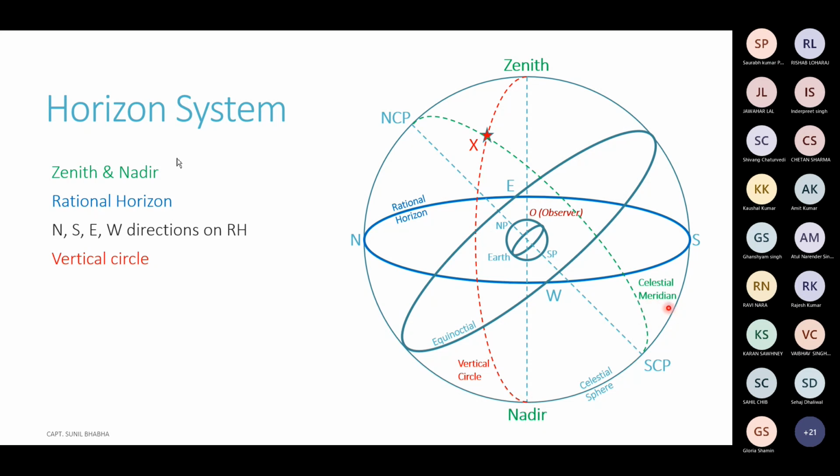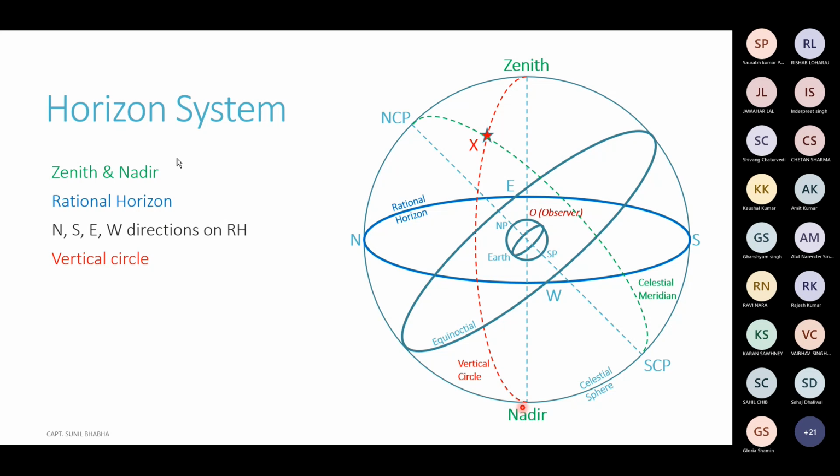The celestial meridians were semi-great circles passing through both the poles, the north celestial pole and the south celestial pole. In the same fashion, a vertical circle is a semi-great circle on the celestial sphere passing through the zenith and the nadir.